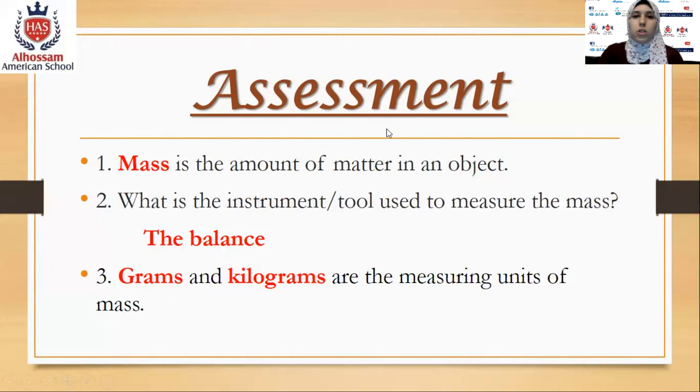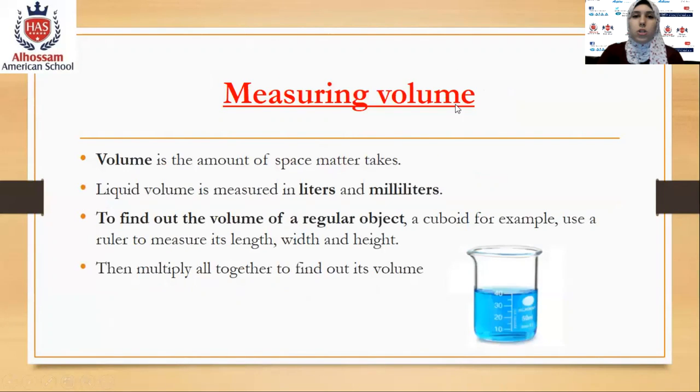We also talked about the volume and how to measure the volume of matter. Volume is the amount of space that matter takes. Liquid volume is measured in liters and milliliters.